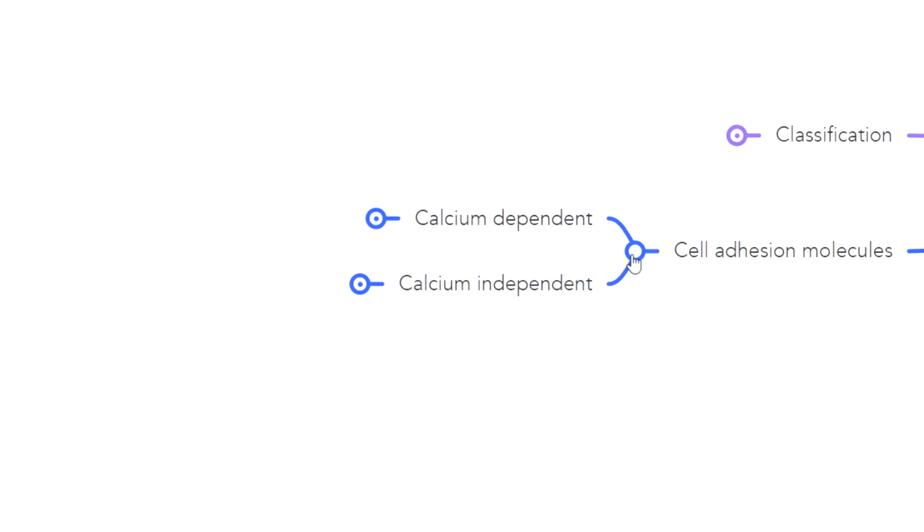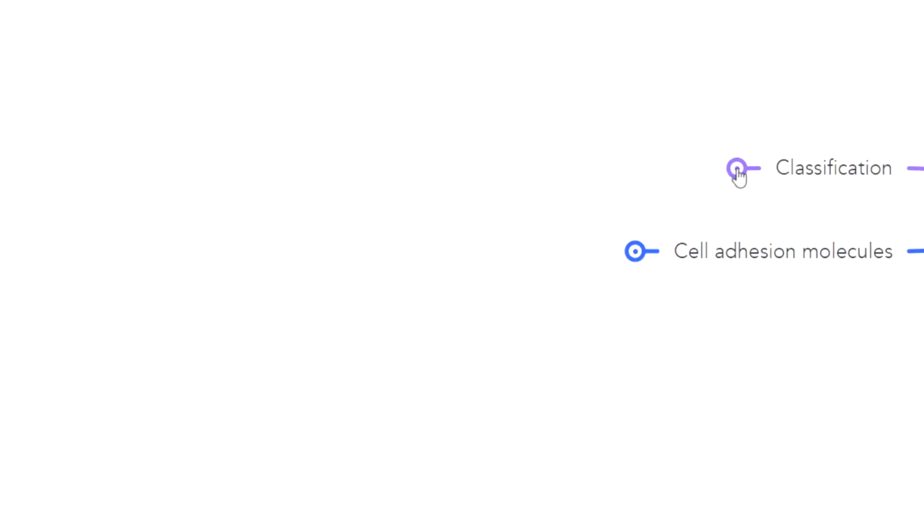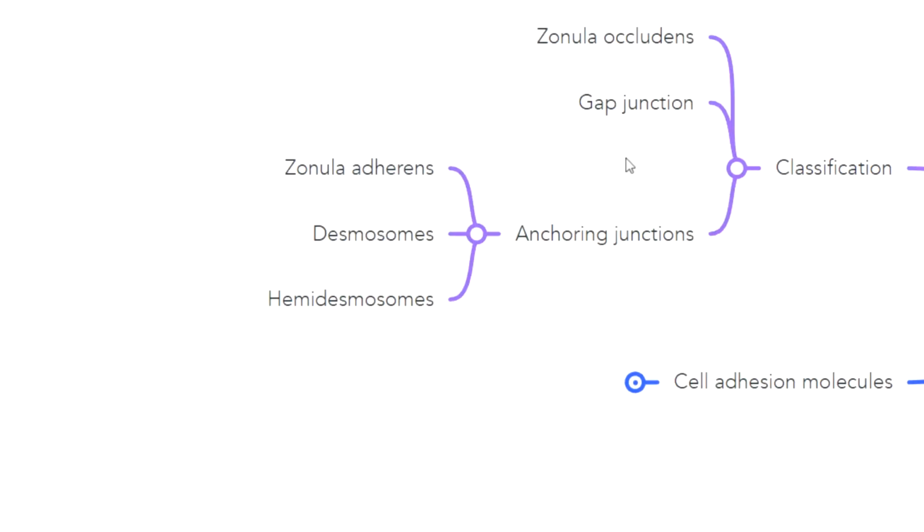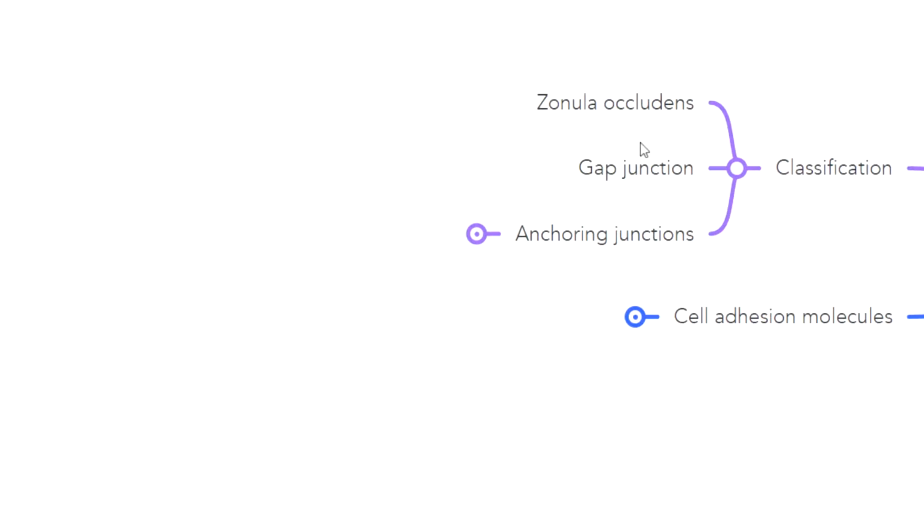Now coming to the classification of epithelial junctions, the epithelial junctions are broadly classified into three types: the zonula occludens, gap junction, and anchoring junction. Zonula occludens is present close to the apical surface of the cells. Then in between the apical surface and the basal surface are the gap junction and anchoring junctions.